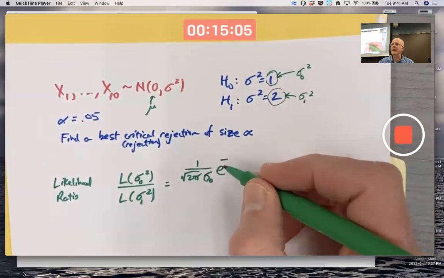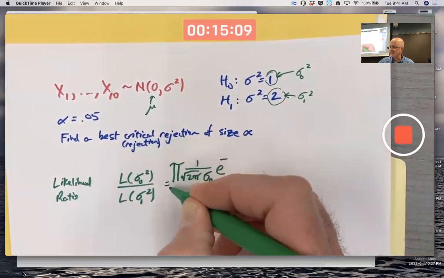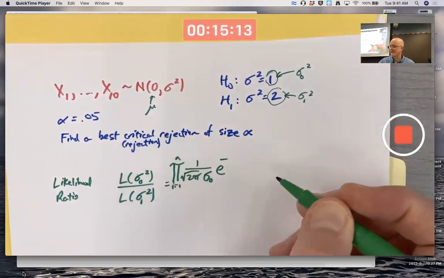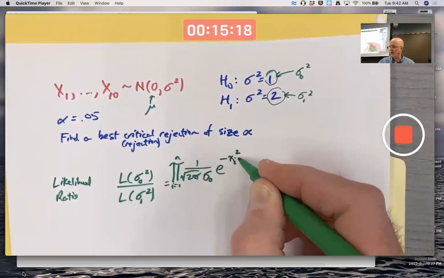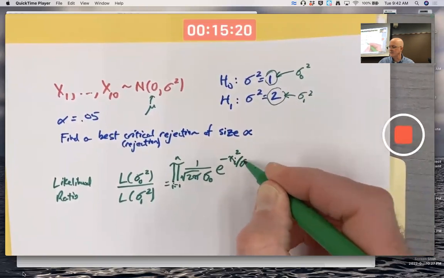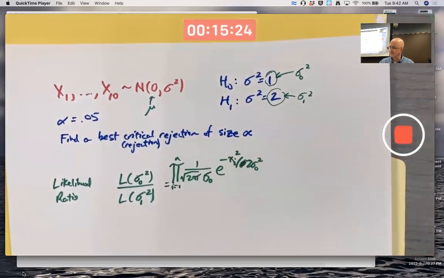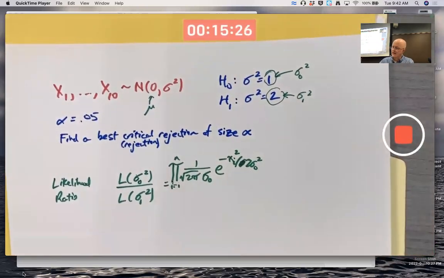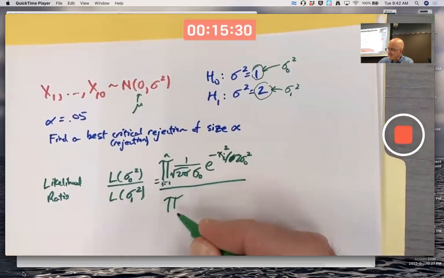Oh, and I'm making a mistake already. It's the product of these things: Xi squared over 2 sigma 0 squared. Ignore the smudge. And the bottom is something similar, except replace the 0 subscript with a subscript of 1.